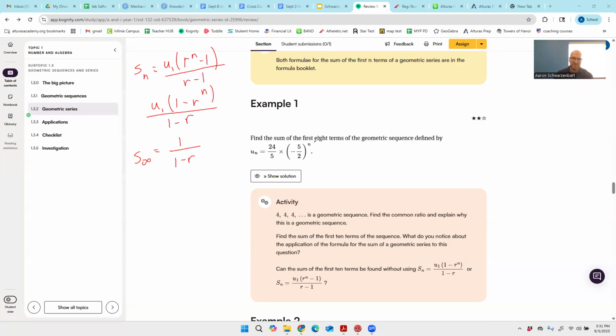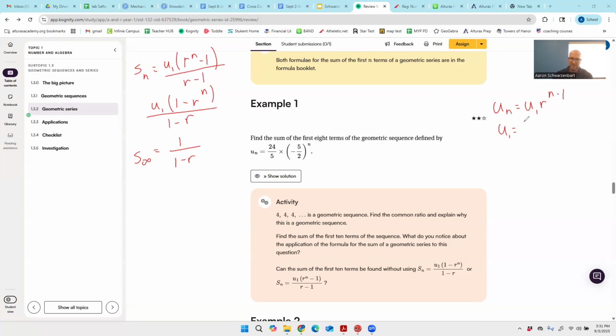So find the sum of the first 8 terms of the geometric sequence defined by this. This looks pretty close to my general formula. The first term, I actually have to plug in 1.